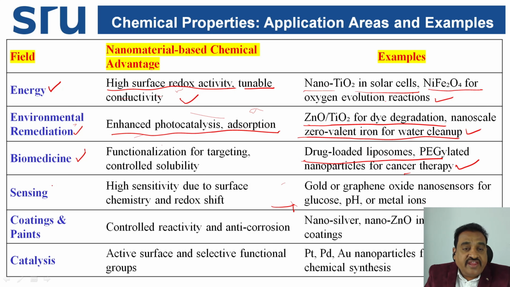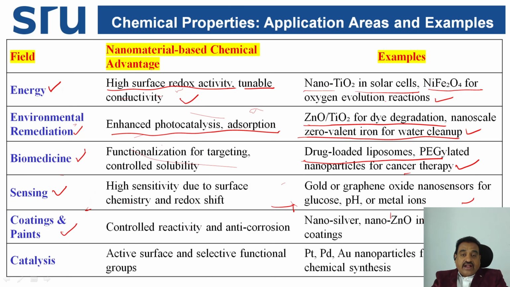So, in the sensing field, try to understand high sensitivity due to the surface chemistry and redox shift is the nanomaterial based chemical advantage. Gold or graphene oxide nanosensors for glucose, pH, or metal ions are the examples.